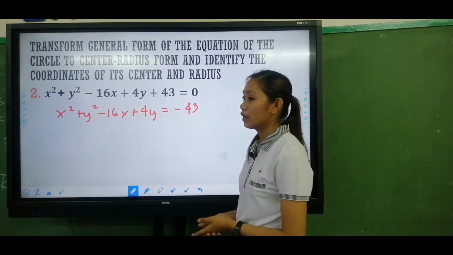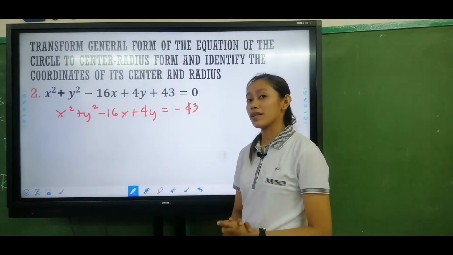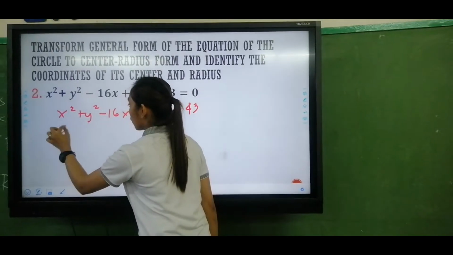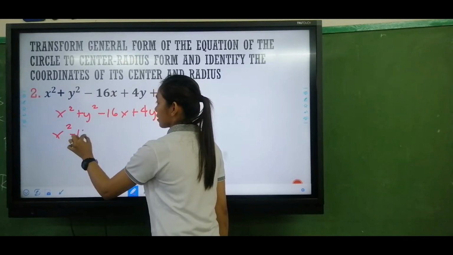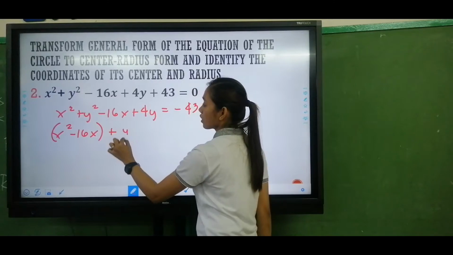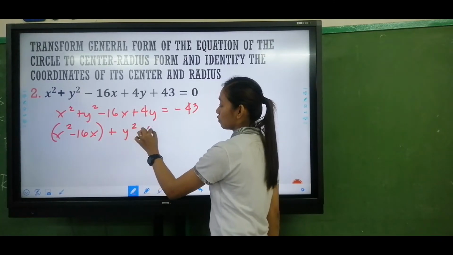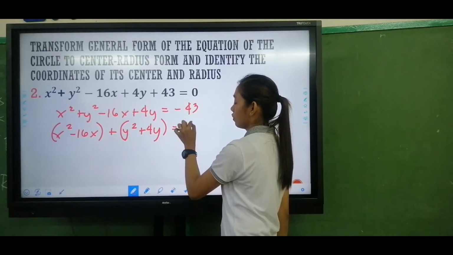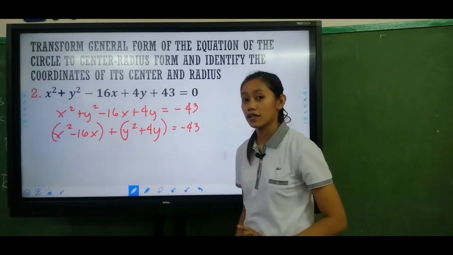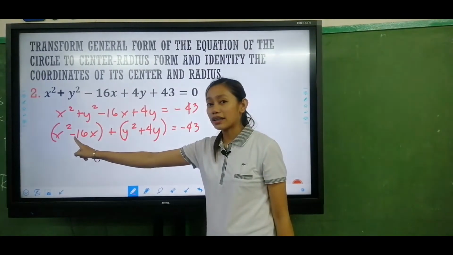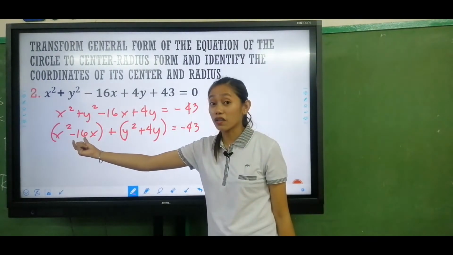Next, combine or group the terms with the same variable. So this is x squared minus 16x plus y squared plus 4y is equal to negative 43.